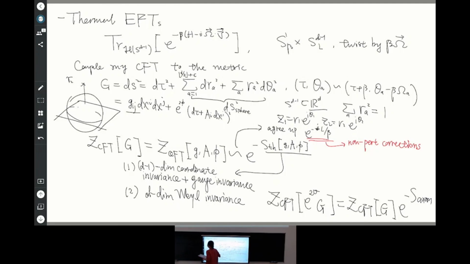Okay, now I can start to just enumerate terms which satisfy these two requirements. And I can enumerate them and then I can organize them into a derivative expansion. Since I started with a theory which is scale invariant, I know that this derivative expansion would also give me an expansion in 1/beta.